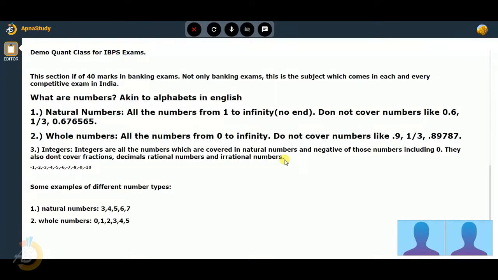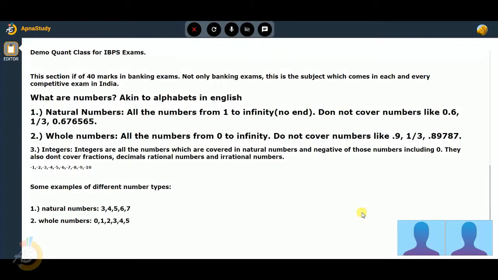If I have to write two integers less than 0, any two integers less than 0. As we know, the number less than 0 will always be negative, so any two integers less than 0 can be minus 9, minus 89. These are two integers less than 0.